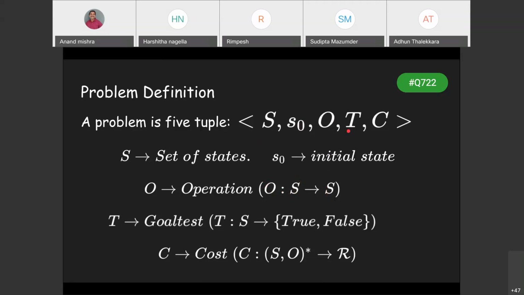The other one is the goal test. You know what the goal is, and at the current state, the test checks whether that state is the goal state or not. It's a Boolean function from the set of states to binary values, true and false.